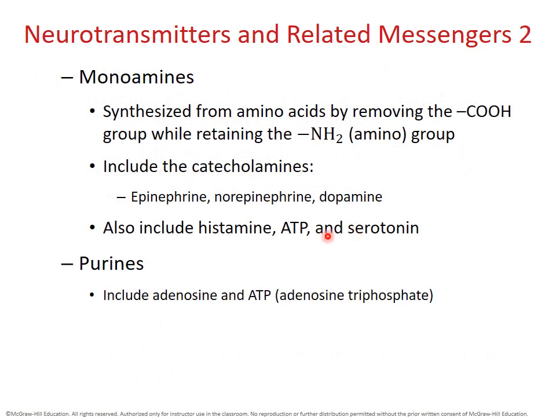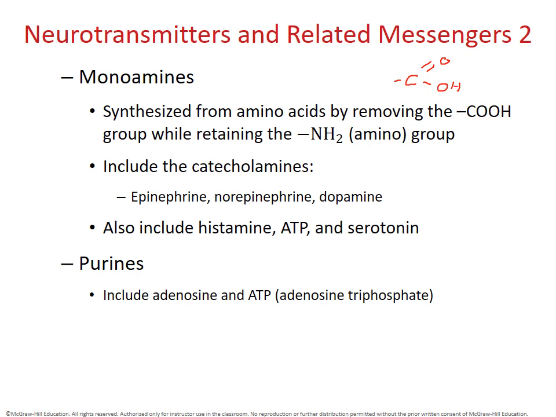The monoamines are even smaller than the amino acid neurotransmitters. Essentially, monoamines are made from amino acids by removing the carboxyl group. Remember what a carboxyl group is from introductory biology. I'll see if I can draw one here: a carbon double bonded to an oxygen and bound to a hydroxyl group.